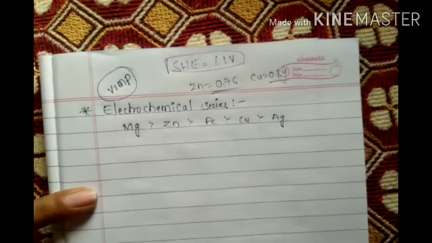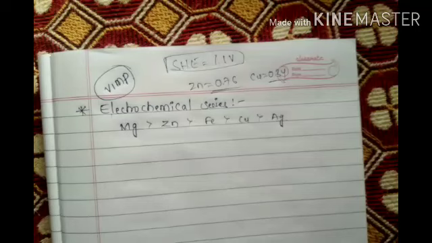The greater the oxidation potential of a metal, the more easily it can lose electrons. Hence greater is its reactivity. As a result, a metal with greater oxidation potential can displace a metal with lower oxidation potential from its salt solution.